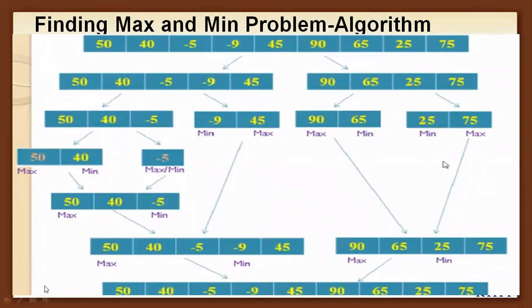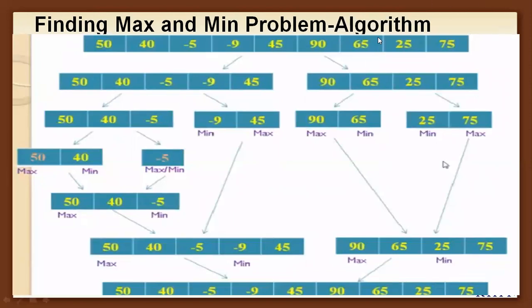So finally, we can conclude that we can apply the divide and conquer algorithm technique. We can easily solve finding the maximum element as 90 and minimum element as minus 9. By using the divide and conquer algorithm design technique, we can solve the problem very easily in minimum number of iterations.